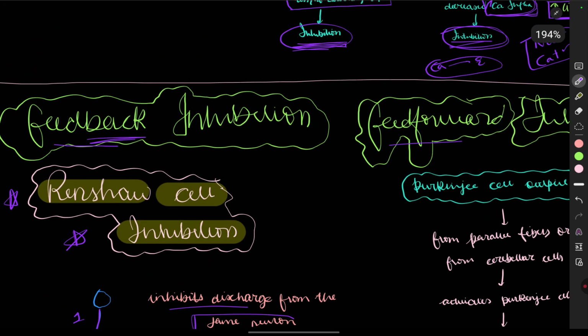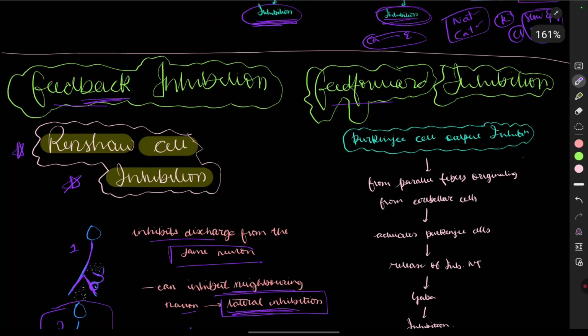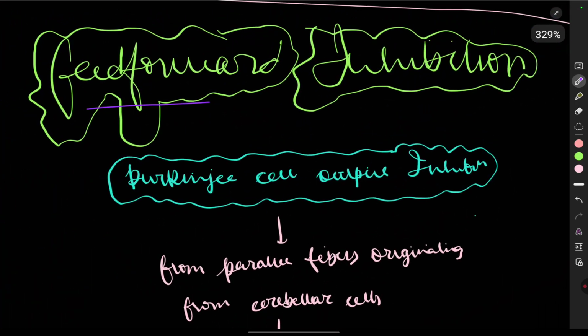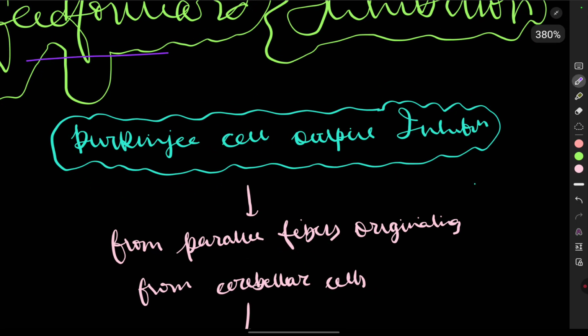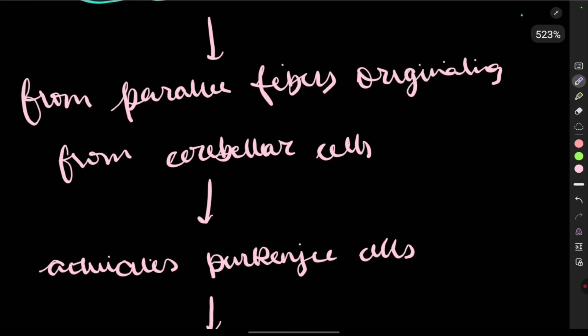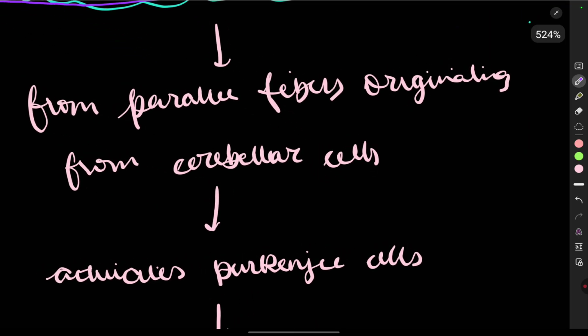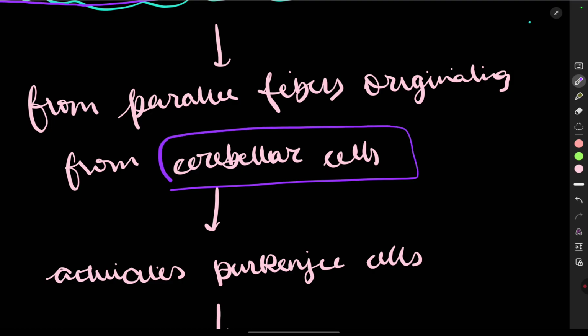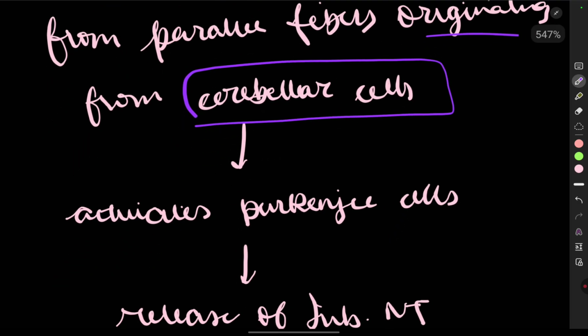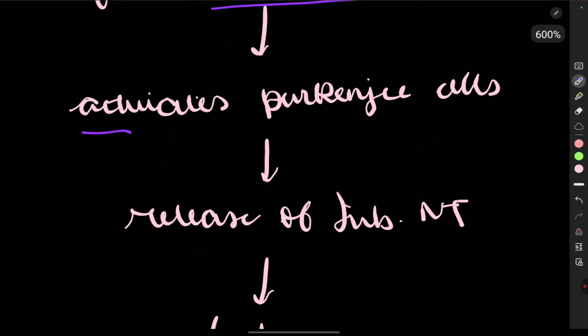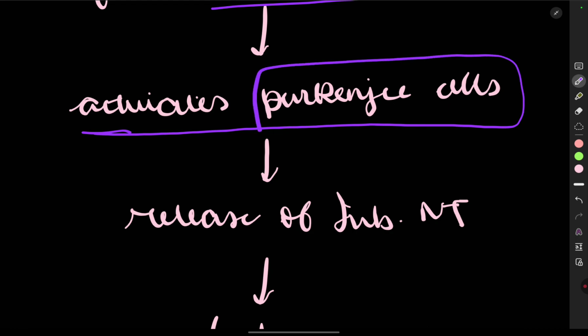We saw the feedback inhibition. Now we are going to see the feed forward inhibition. Purkinje cell output inhibition is also called that. What happens in this is, the parallel fibers originating from the cerebellar cells activate the Purkinje cells. There are Purkinje cells as well.